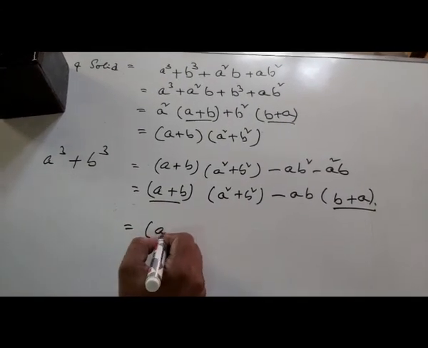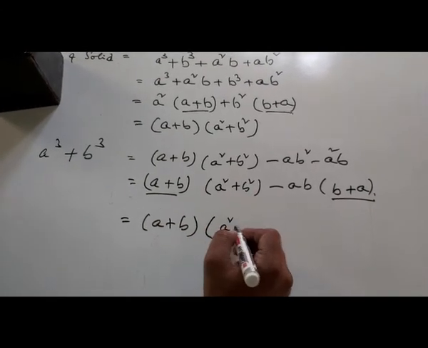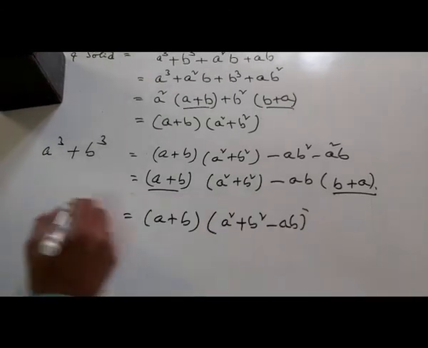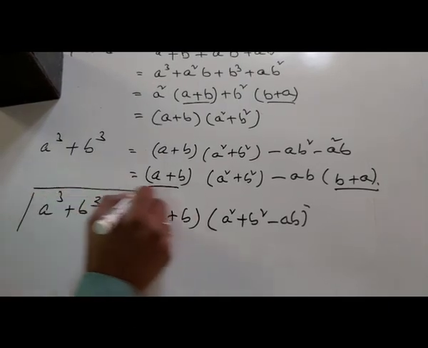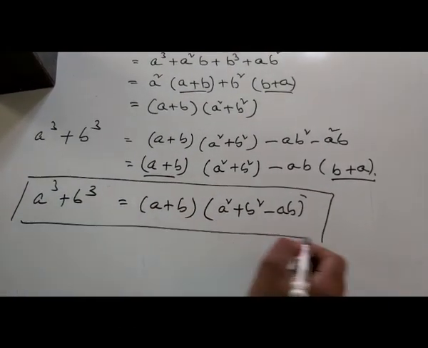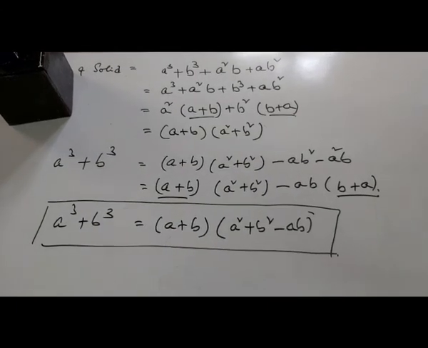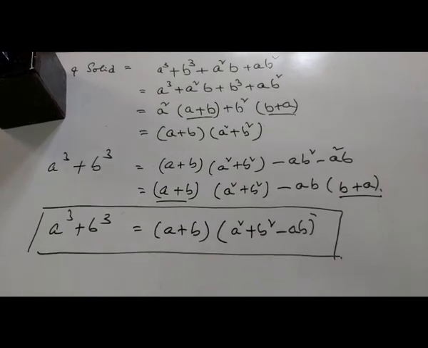Take out A plus B common, and what is left over is A square plus B square minus AB. So this is the identity for A cube plus B cube. In this way, with the help of the solids, we can prove that A cube plus B cube is equal to A plus B into A square plus B square minus AB. Thank you.